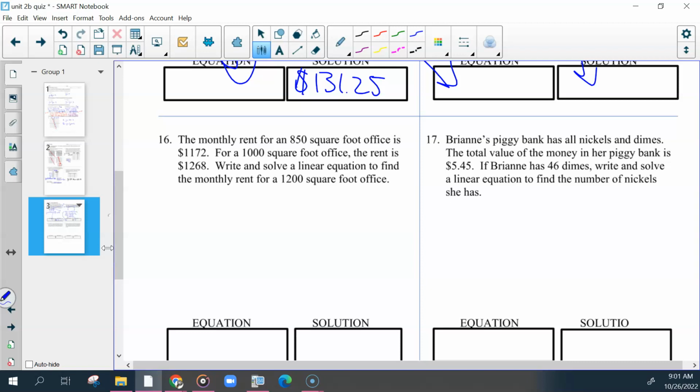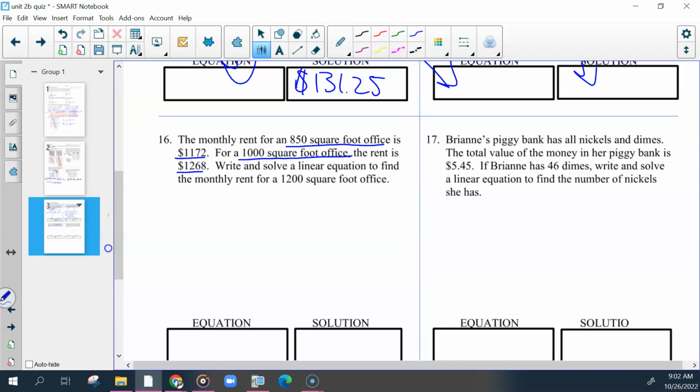16 you could have done one of two ways, algebraically or in the calculator using your line of best fit instructions. Fastest way would be to do it in the calculator, so that's what I'm going to do. But you still have to define your variables. You have to look at what's given to you. Here we're given two different things, square foot and cost.